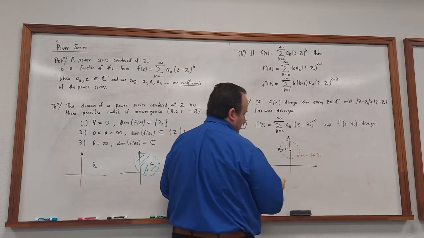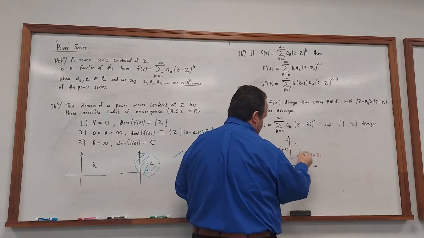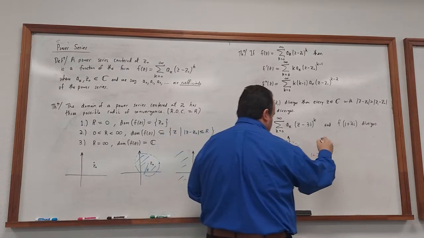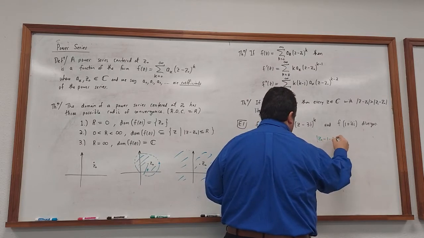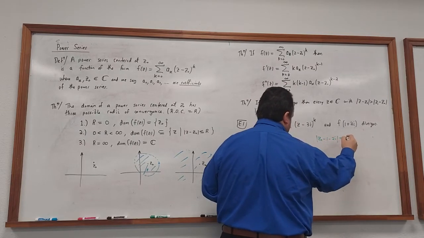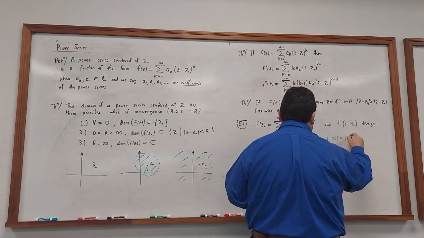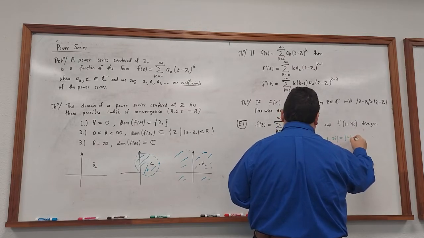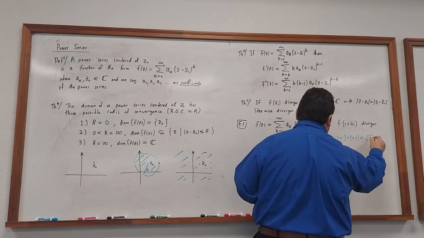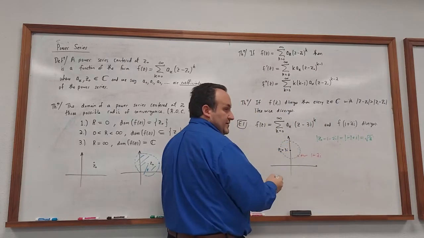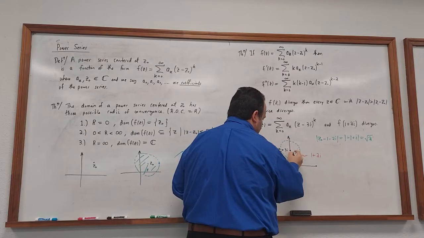So what's the radius of this? What's the distance? It's the length of minus 1 plus i, and that's the square root of 2. So this is the square root of 2 to go from here to here.